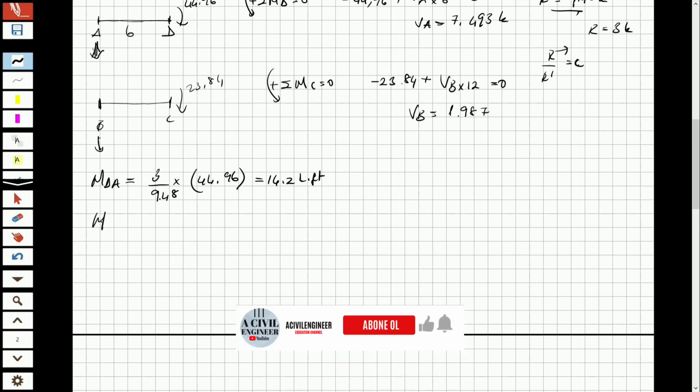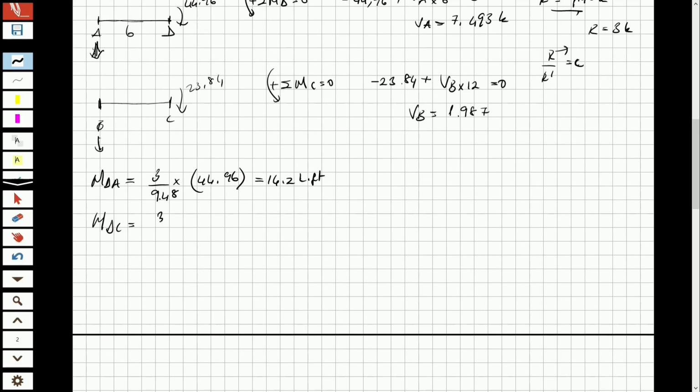And for moment DC, it will be equal to 3 over 9.48 multiplied with minus 44.96, equal to minus 14.2 kip-feet.